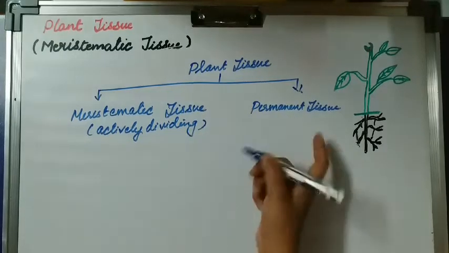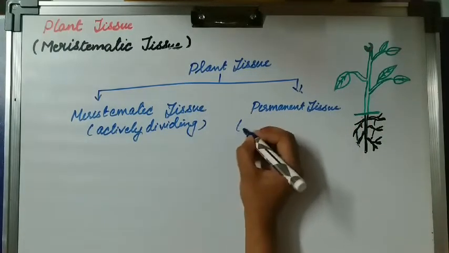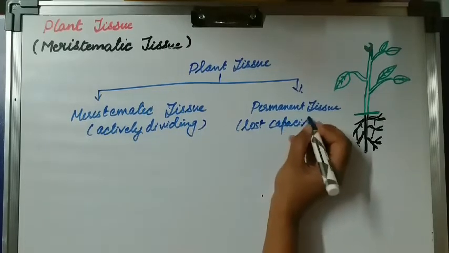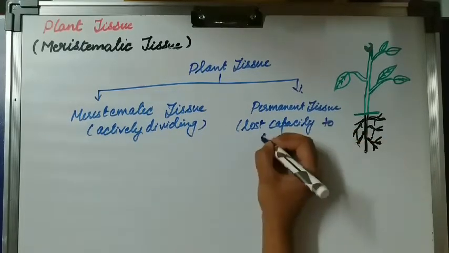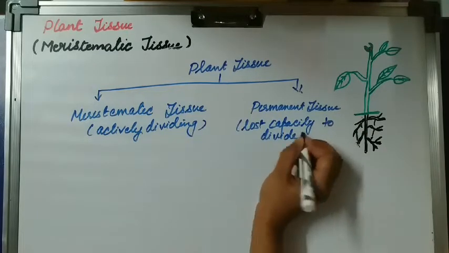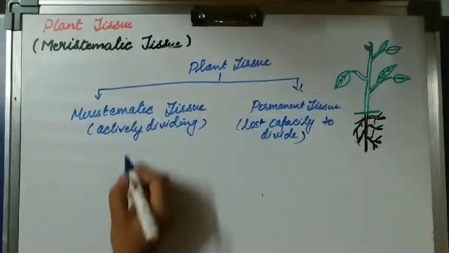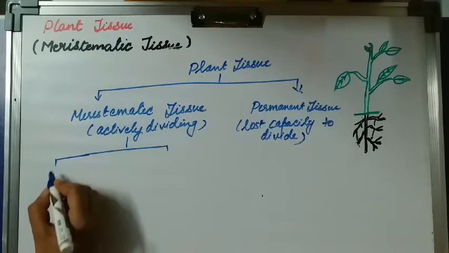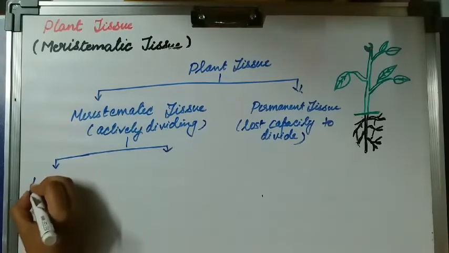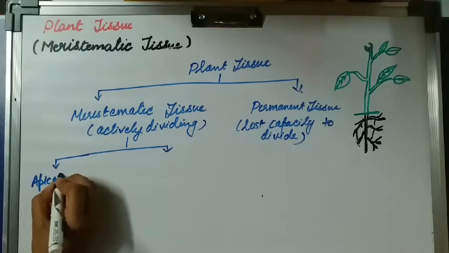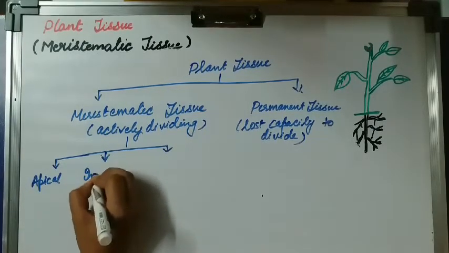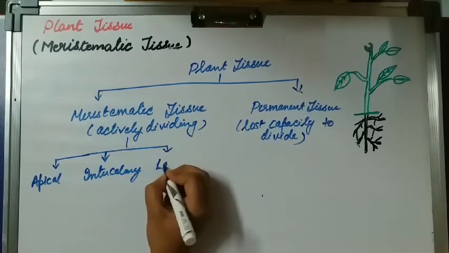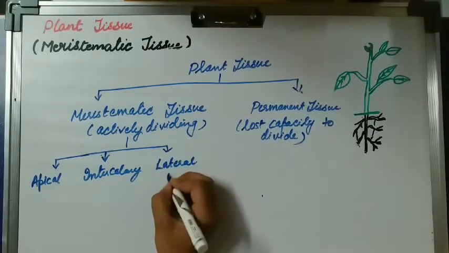And this permanent tissue has become specialized and has lost the capacity to divide. Now, this meristematic tissue is further divided into three, that is your apical meristem, intercalary meristem, and your lateral meristem.